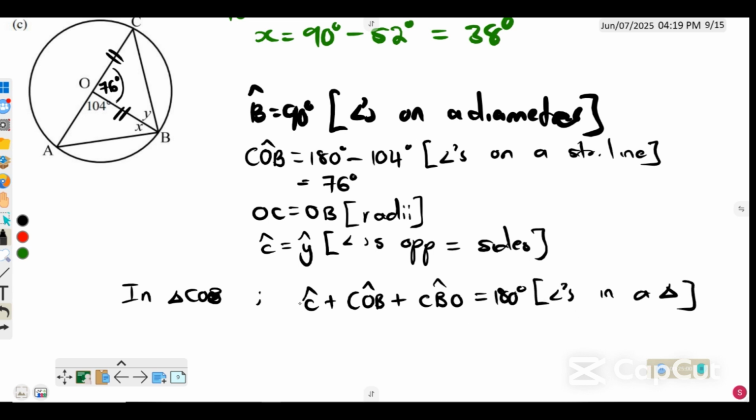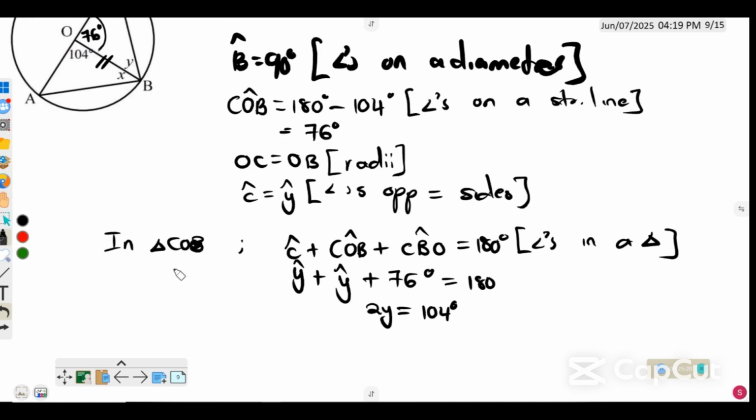And then from here, angle C, we just proved that it's going to be Y, plus angle CPO is also Y, plus the 76 degrees we just calculated, is equal to 180. So 2Y will be equal to 180 minus 76, which is 104 degrees. Divide by 2, and this should give us that Y is equal to 52 degrees.